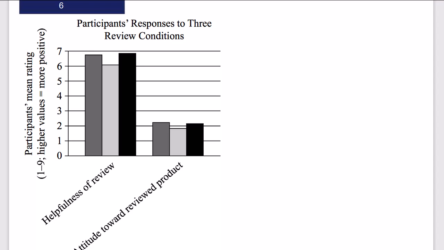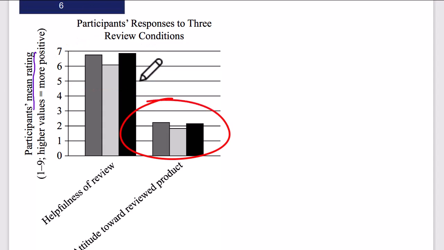Let's take a look at this quantitative command of evidence question, see if we understand the graph. Participants' responses to 3 review conditions, and the mean rating for the participants would be unhelpfulness very high, and attitude toward the product very low.